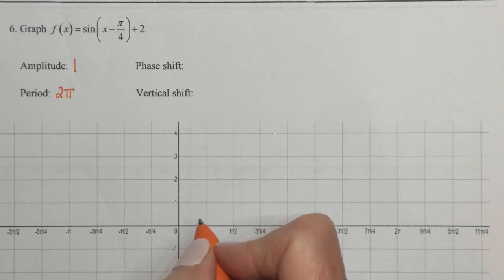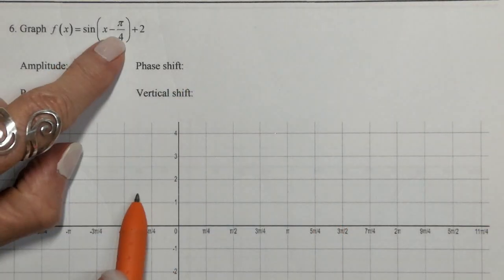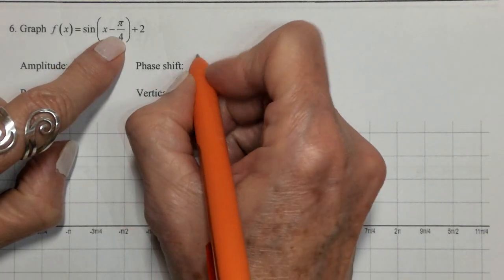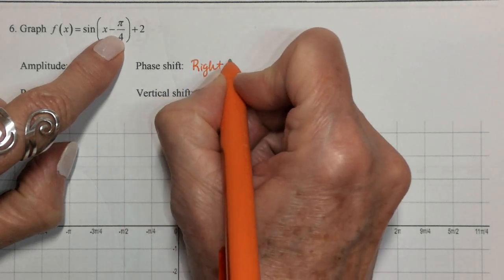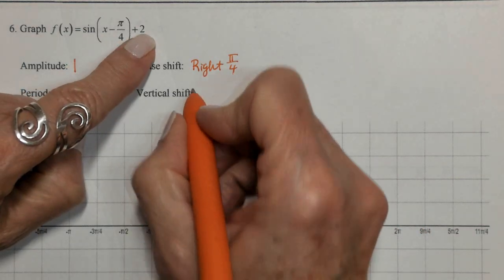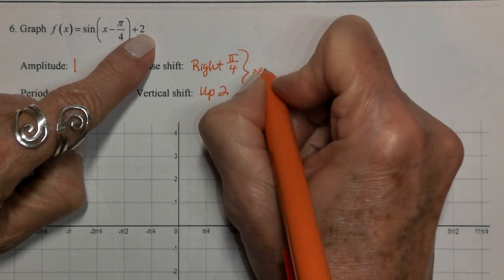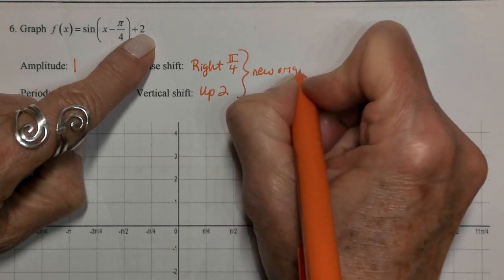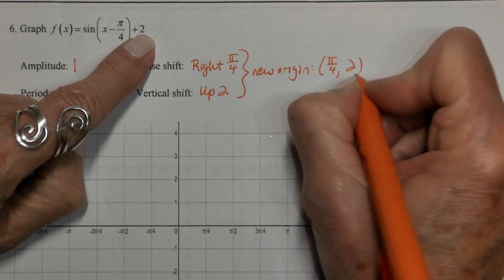I'm going to start it easy. Phase shift, that's a horizontal shift. The phase shift is pi over 4 to the right. Vertical shift, up 2. So our new origin is pi over 4, 2.